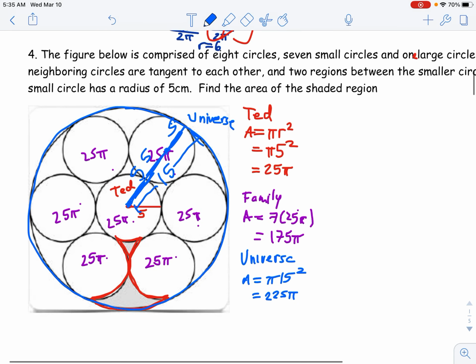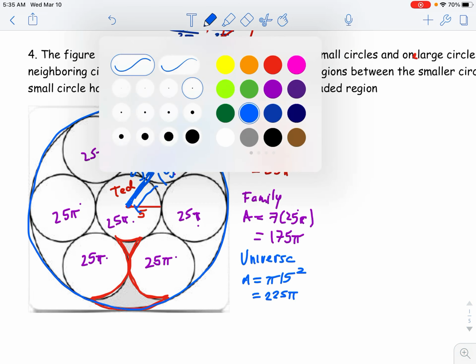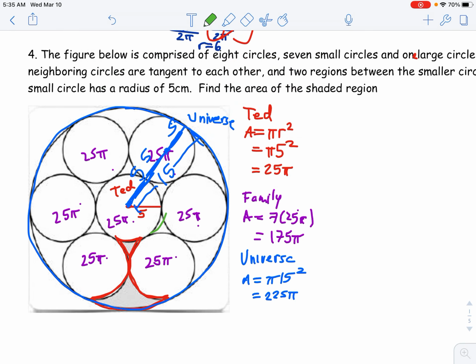All right, so let's just now do the gaps. All these gaps, we have the red one already shaded, then there's this green one, so on and so forth. There's 1, 2, 3, 4, 5, 6. There's 6 unique gaps. It's just going to be 225 pi minus the family, or 175. So it's 50 pi.